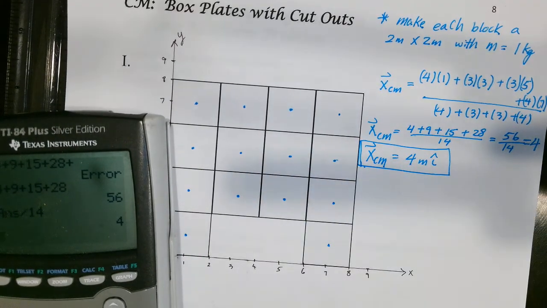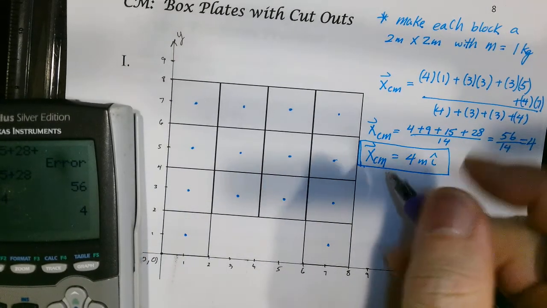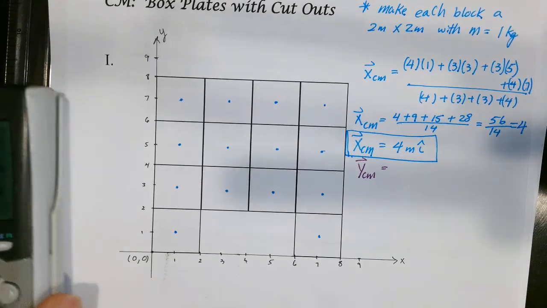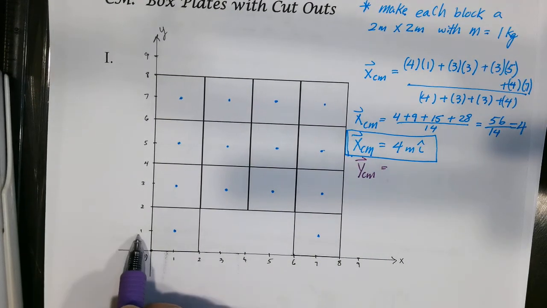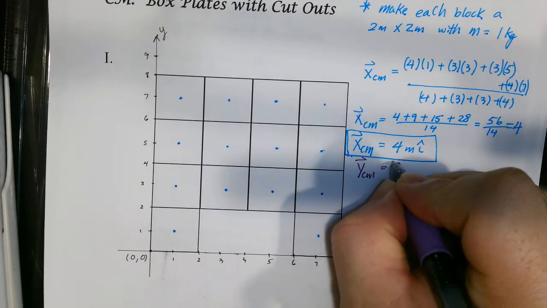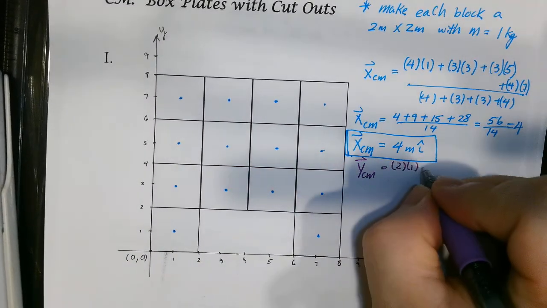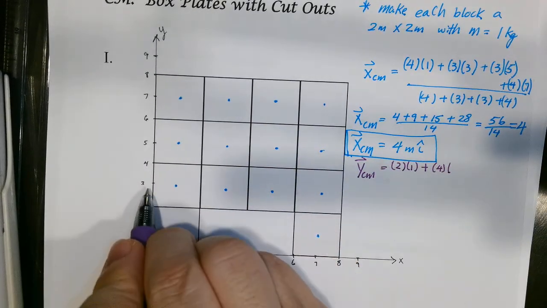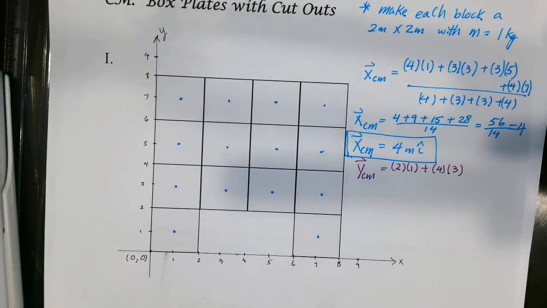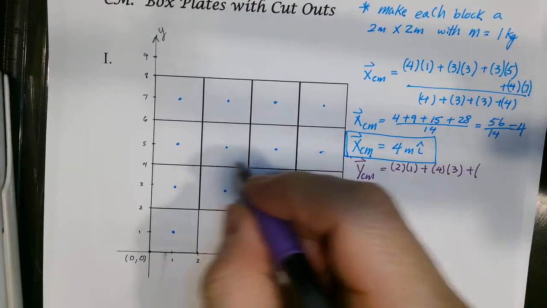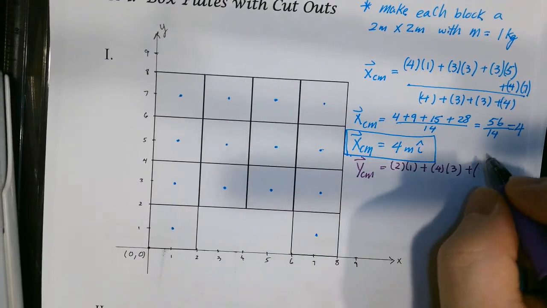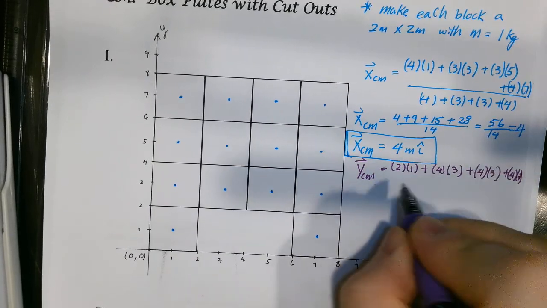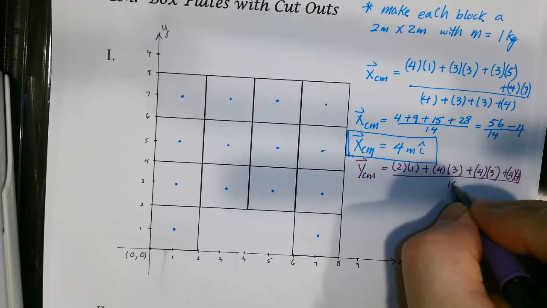What about y? So y sub cm is equal to 2 kilograms times 1, plus 4 kilograms times 3, plus 4 kilograms times 3, plus 4 kilograms times 3, whole thing over 14.